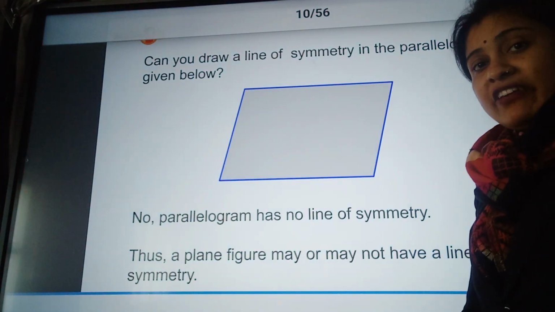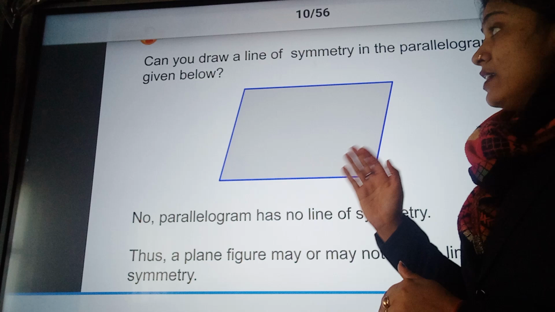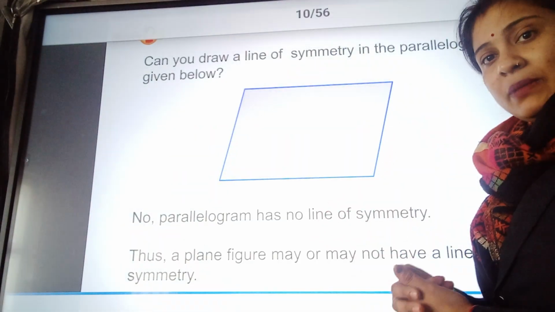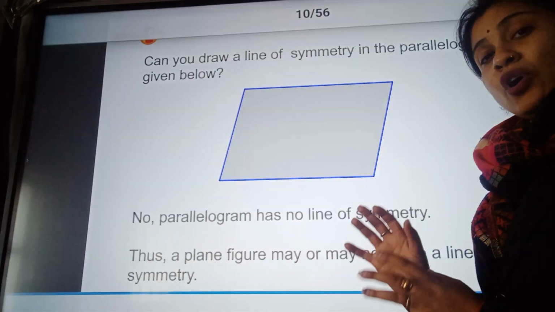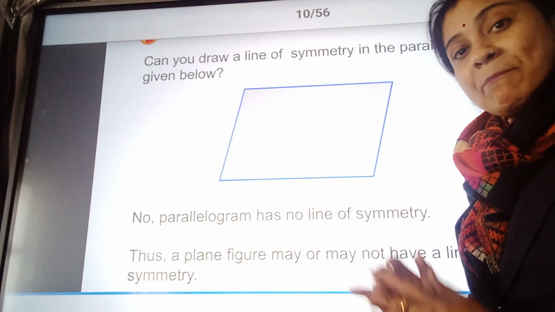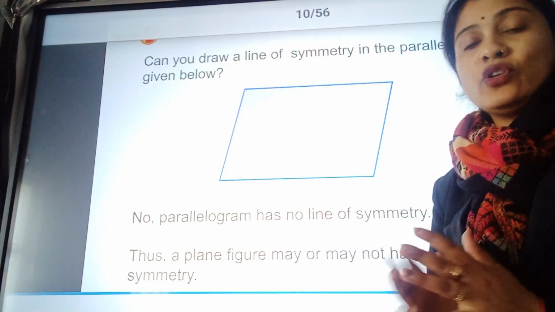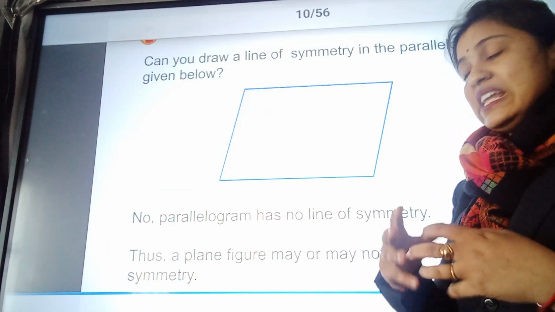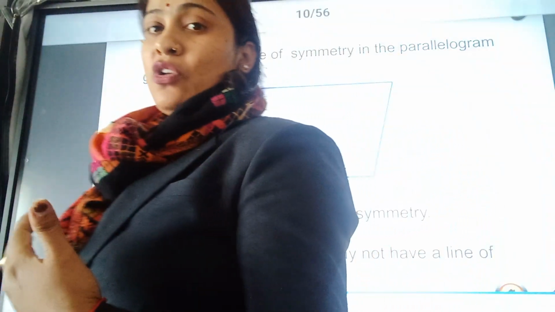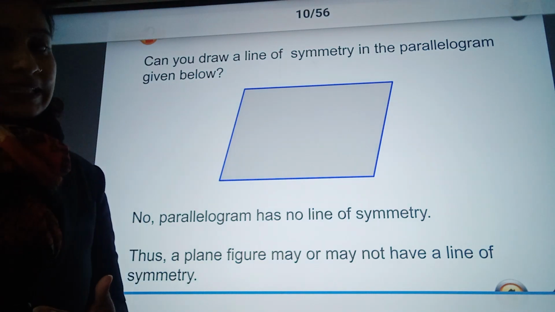So here, if I ask you to draw a line of symmetry in a given figure, and the given figure is a parallelogram, will you be able to draw it? No. A parallelogram has no line of symmetry. So we can say that a figure may or may not have a line of symmetry.